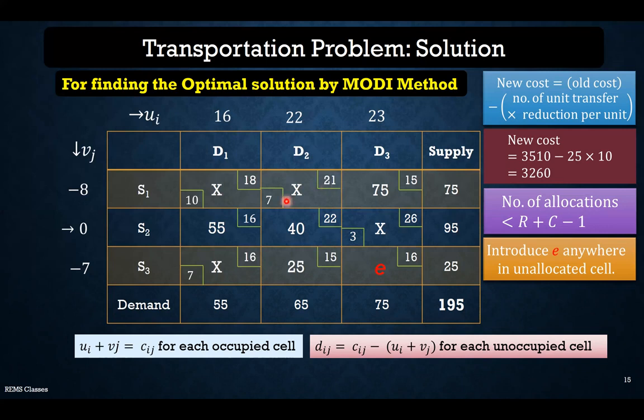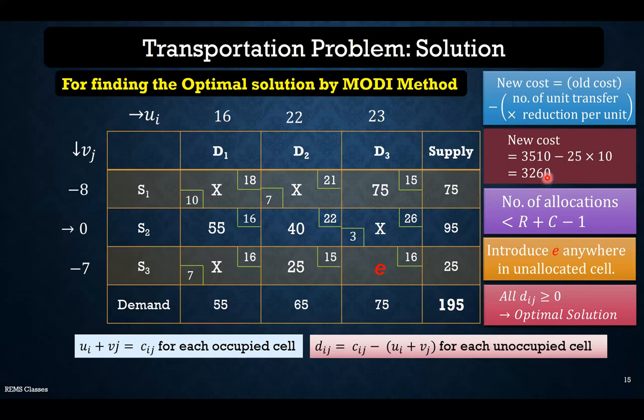So we have calculated the values of dij, and in this case all the values of dij are greater than or equal to 0. So we can say that this particular solution is the optimal solution, and the minimum value of transportation cost is 3260. We have seen in the last class that the same value was obtained by making use of either the least cost method or Vogel's approximation method.